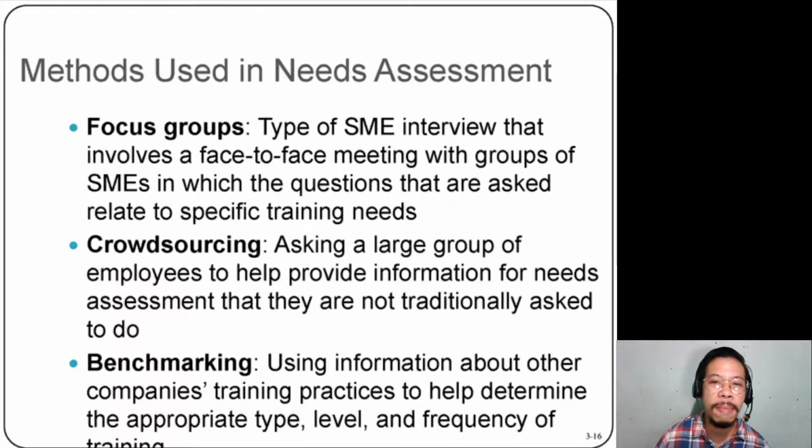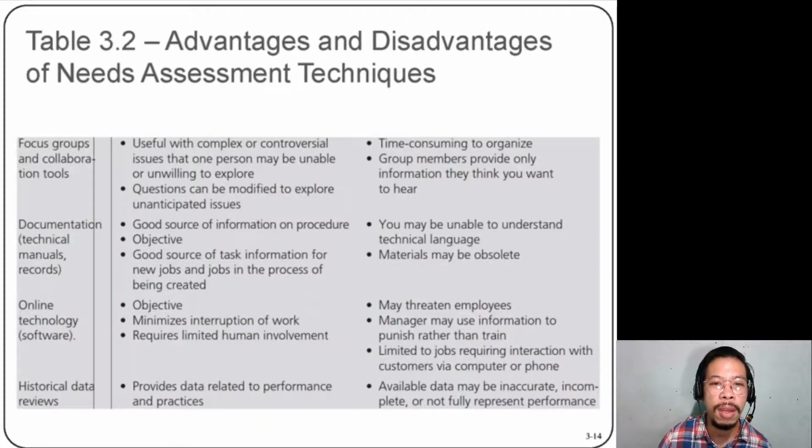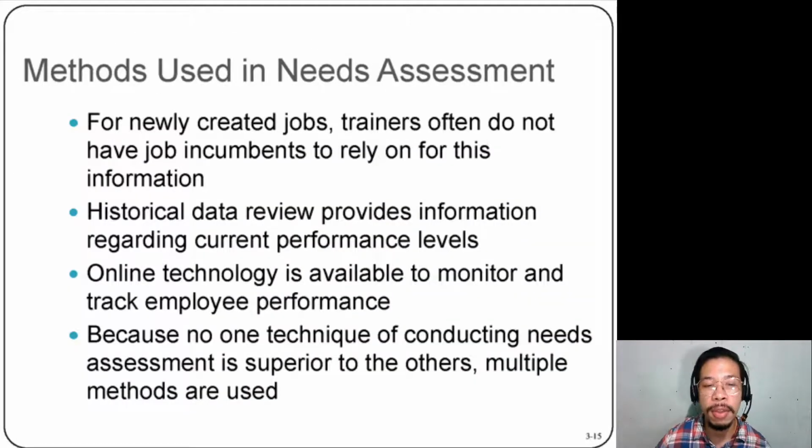So these are the methods that we can use in doing needs assessment. These are the techniques and these are the methods, right? So we have here a newly created job. These are jobs created, for example, when there is a new task, new responsibilities, or a new department in the organization.